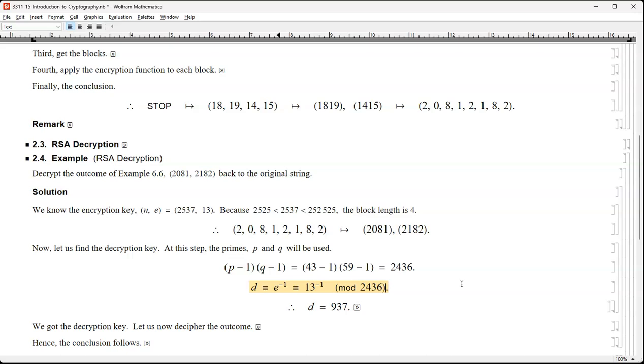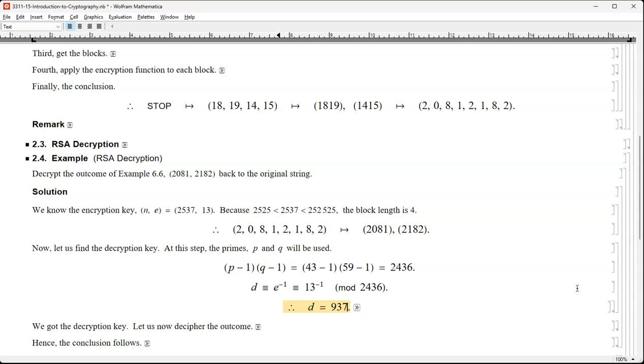If you have to do it with the traditional paper and pencil method, you'll have to use the Euclidean algorithm, find the Bezout linear combination expression, and go all the way down to the linear combination of the GCD. In the end, if you do it right, you're going to get 937. That detail is left to you.